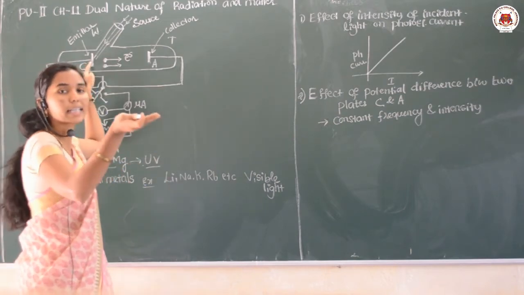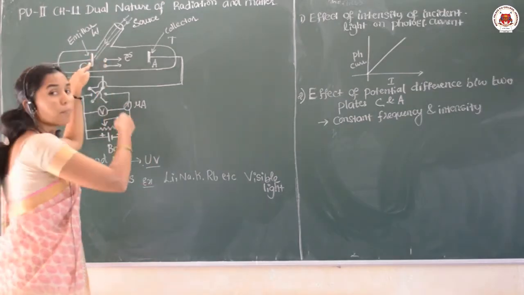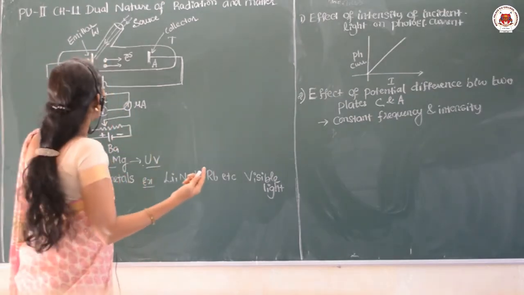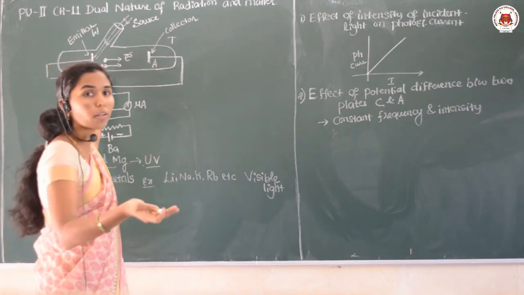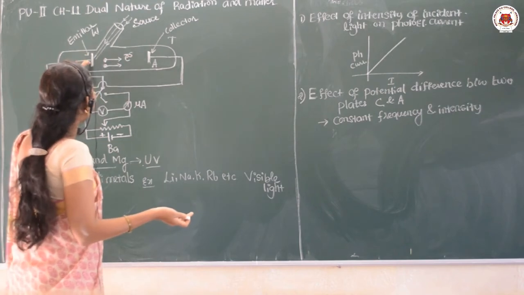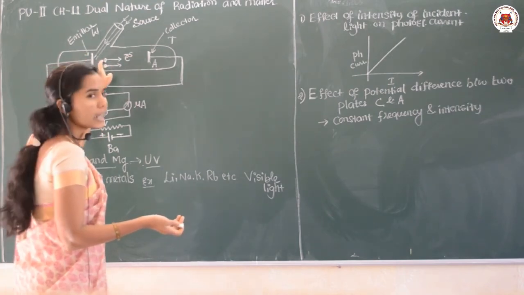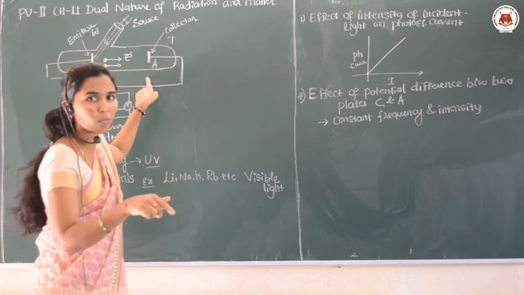Due to the increase in the potential difference, more photoelectrons are emitted here. When the number of photoelectrons increases, due to the positive, see here the emitter plate is positive, electrons have negative charge, and this collector plate is negative.